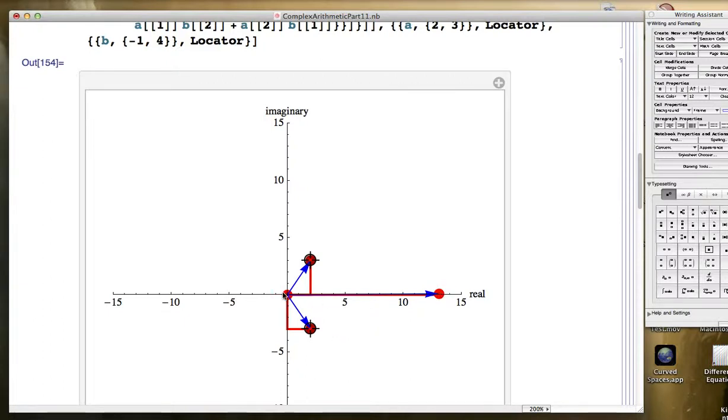The length of this is going to be the product of the lengths of these two things, which means the real number you get out is a squared plus b squared, if you think of the real and imaginary parts of the beginning complex number as a and b. This complex number is a plus bi. This one down here is a minus bi. That's called the complex conjugate of a plus bi.